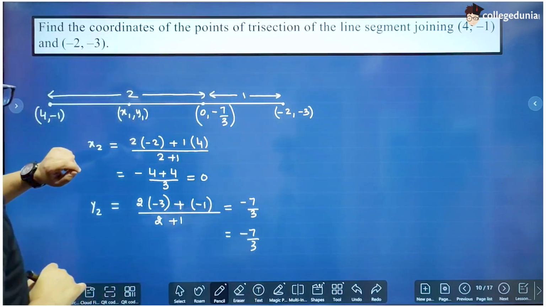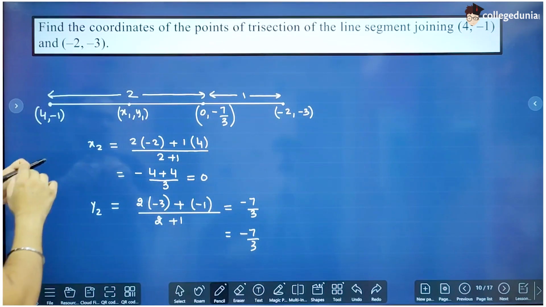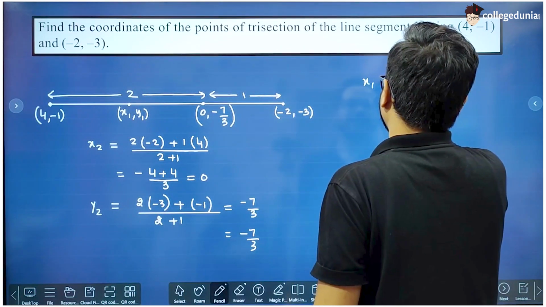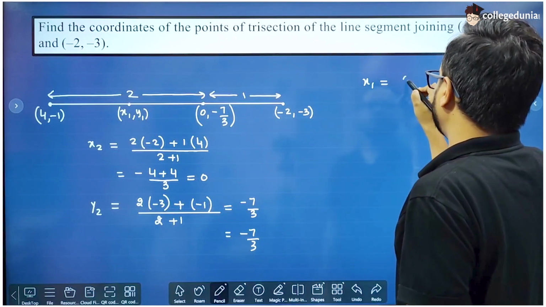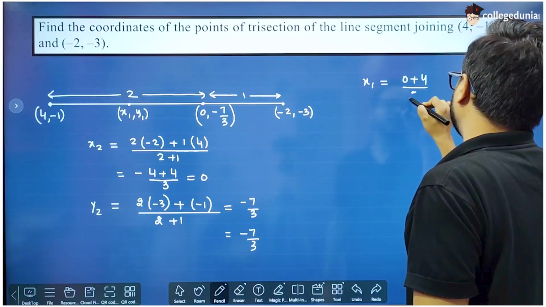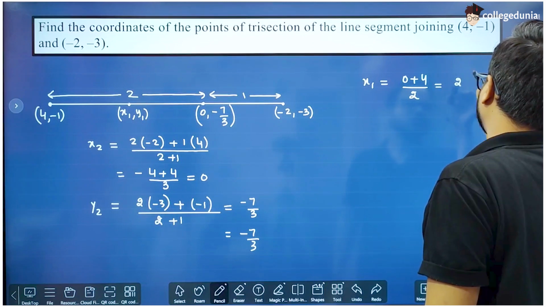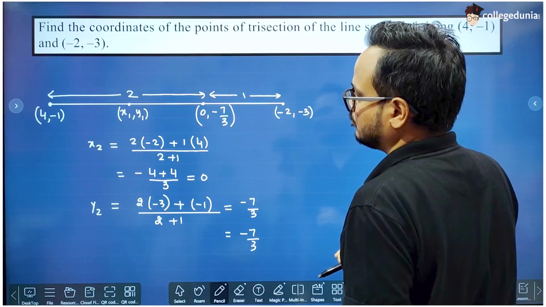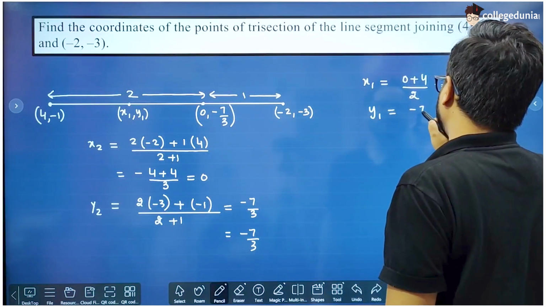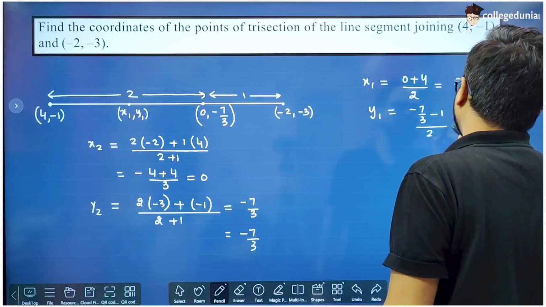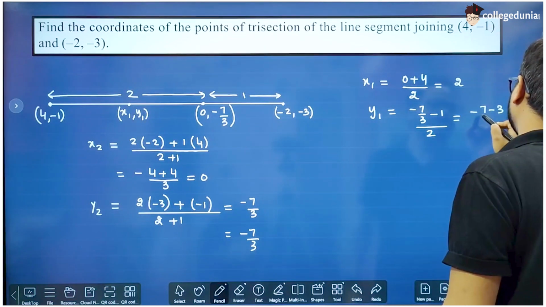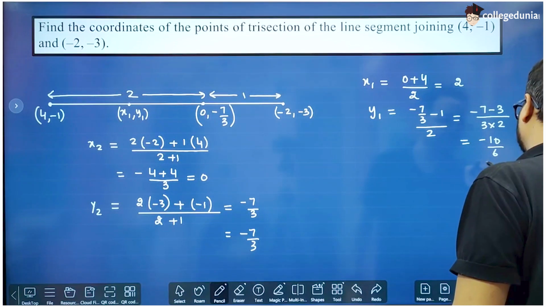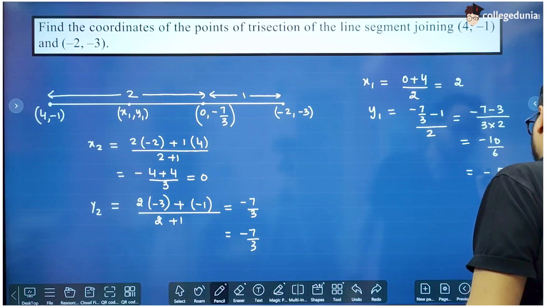Now let's come to this point. This point can be easily calculated now because clearly this point is the midpoint of these two. So x1 is 0 plus 4 divided by 2. 4 by 2 is 2, and y1 is minus 7 by 3 minus 1 divided by 2, that is minus 7 minus 3 divided by 3 into 2, minus 10 by 6, which is minus 5 by 3.